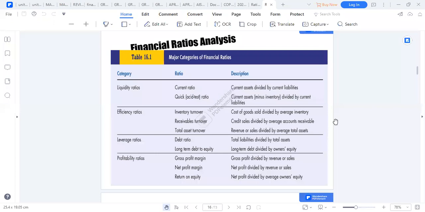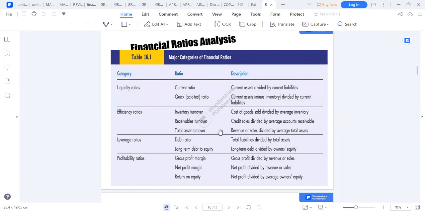If we're selling too quickly, we have a stock-out cost. If we're selling late, we have storage and security costs. We also have receivable turnover, which looks at how long it takes for our debtors to pay us, and creditors turnover, which looks at how long we take to pay.